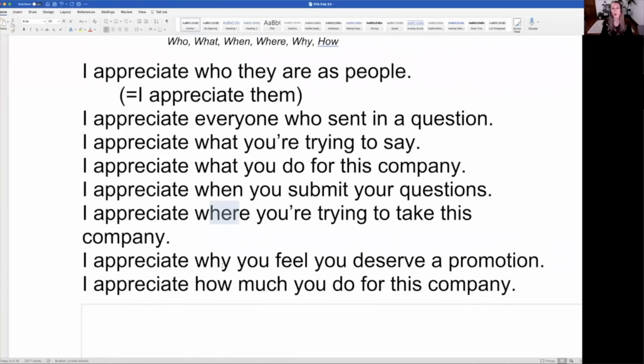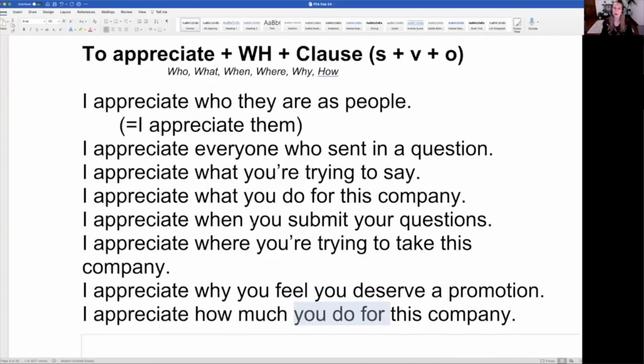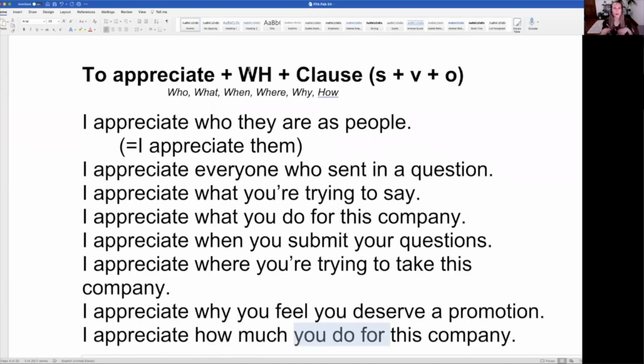Or I appreciate why you feel you deserve a promotion. Now, how? A lot of times when we use how, you're going to see much. I appreciate how much you do for this company. So this is a more advanced sentence structure, but I really encourage you to get comfortable with it. But make sure you pay attention that it's the WH plus a subject.